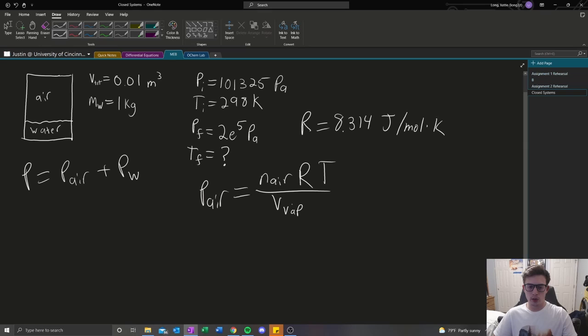Alright, so we don't know the vapor pressure right off the bat, but we do know the total volume. So what we can do is set the volume of the vapor pressure equal to the volume total, and then we want that to be minus the volume of water.